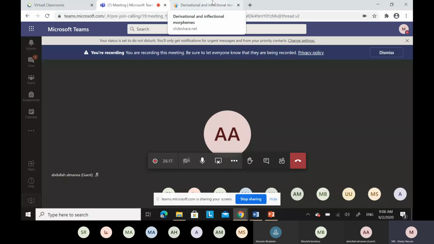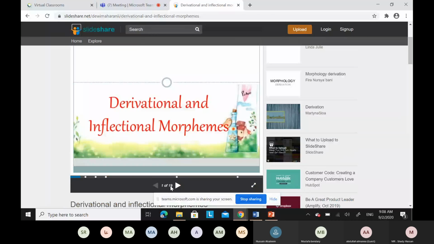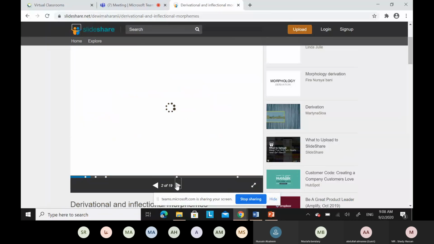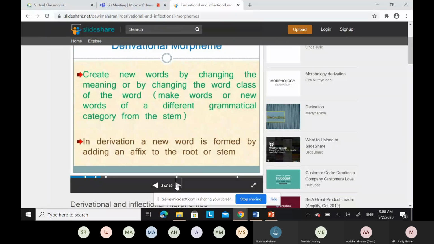So let's look at my presentation for today. Well, derivation creates new words by changing the meaning or by changing the word class of the word. It makes new words of a different grammatical category from the stem.